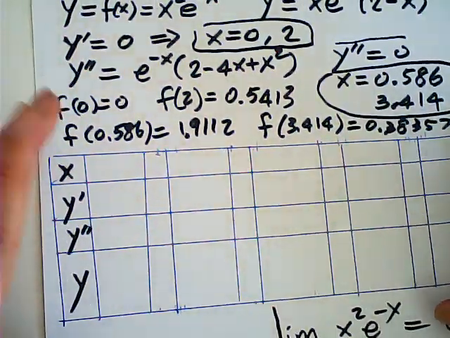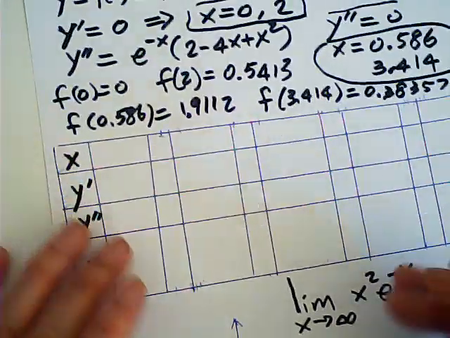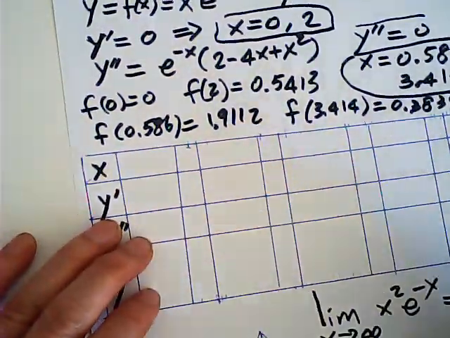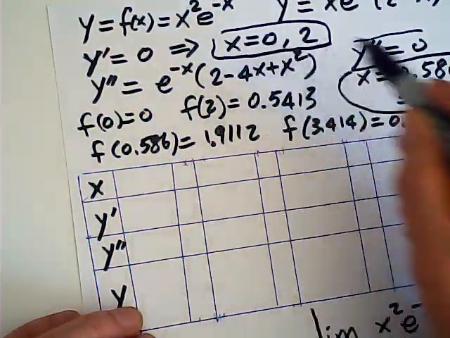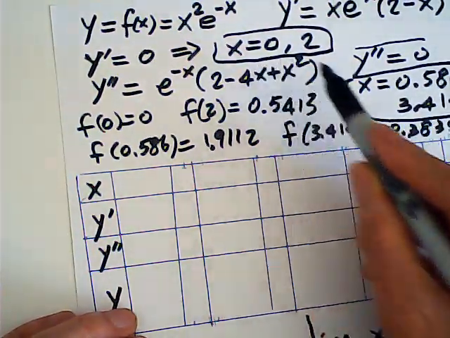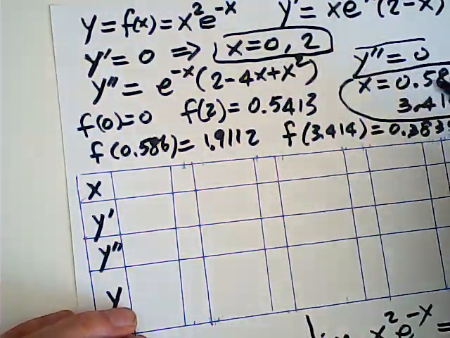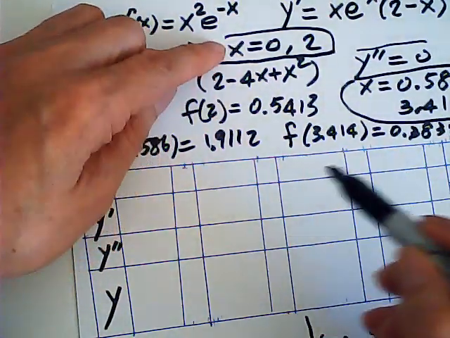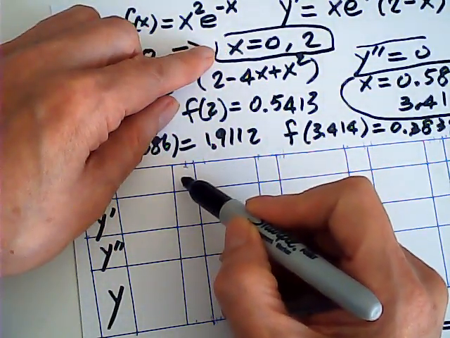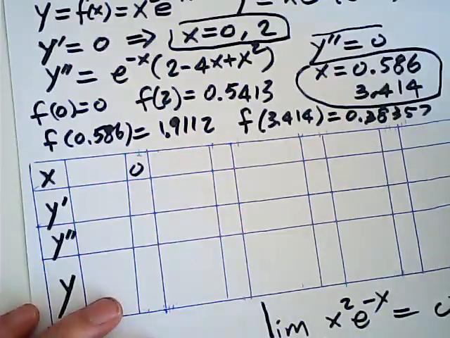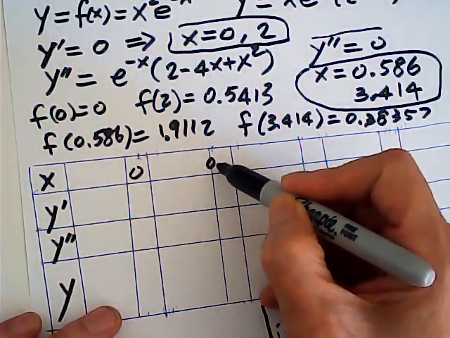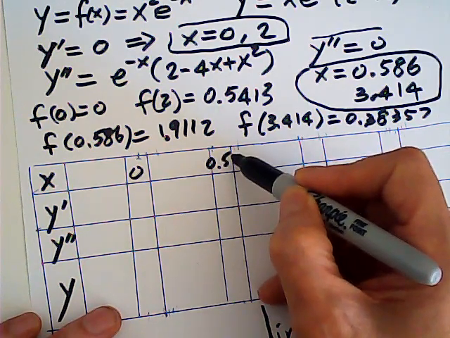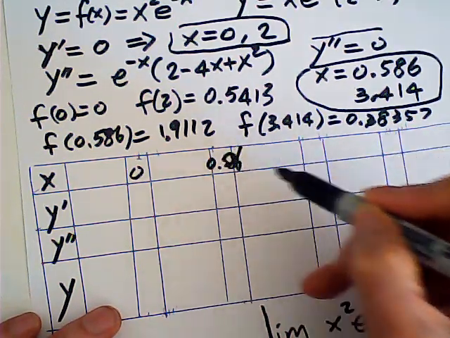Okay. Now we collect all these pieces of information. I make a table to summarize this information. We have four points. The first one is 0. The second one is 0.586.